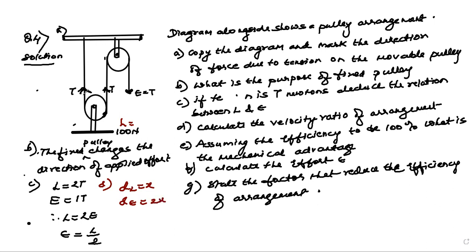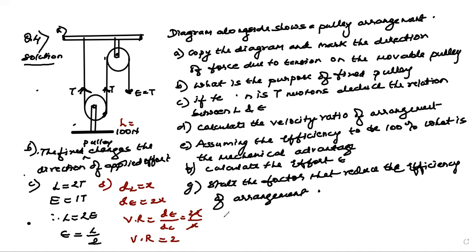Why 2x? The load moves up by distance x, the two strings move up by a distance x, so this string will loosen up and the effort has to move down by a distance 2x. Now, velocity ratio is displacement of effort upon displacement of load. So this will be 2x upon x. So how much do you get? 2. So velocity ratio will be 2.